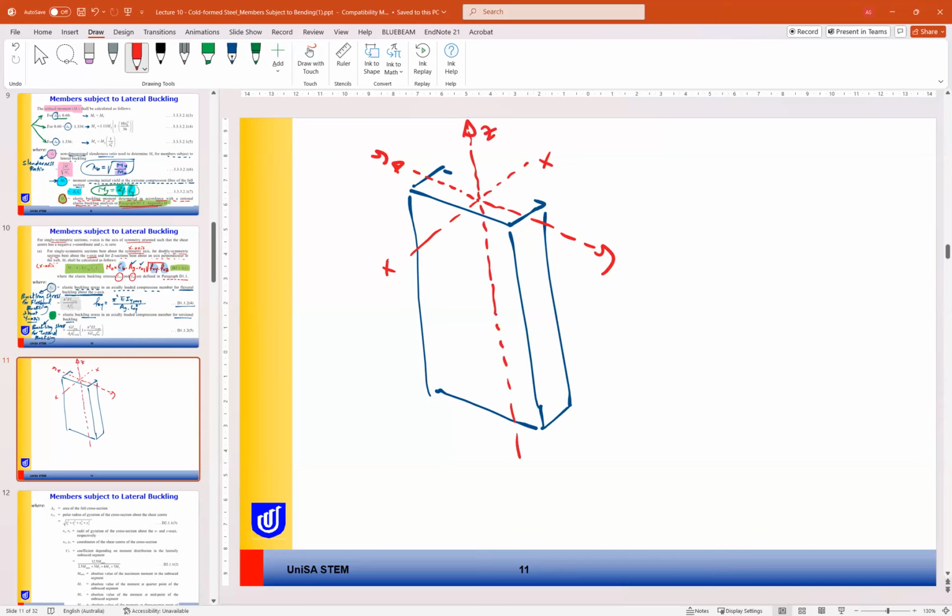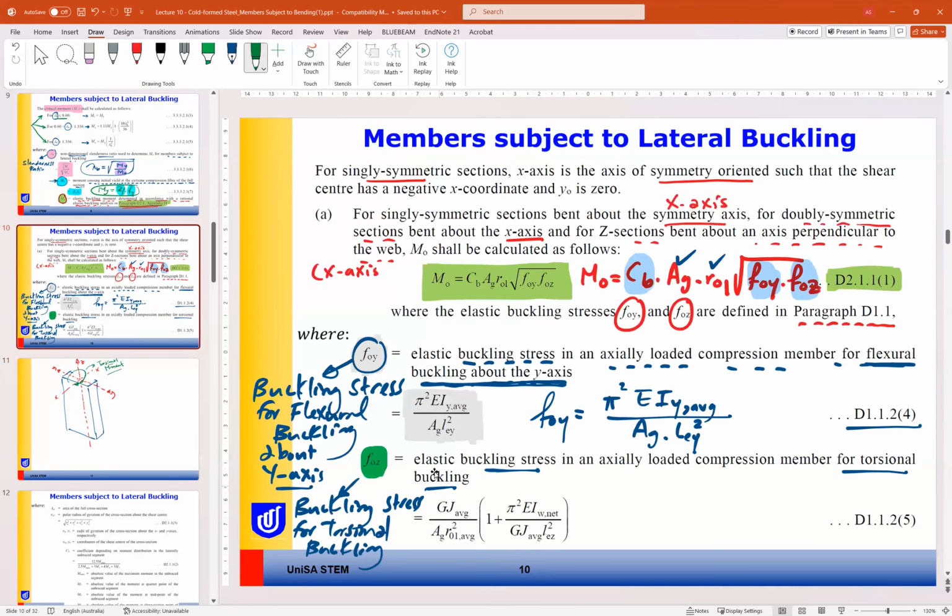Z-axis. So any buckling or any moment around Z is what? It is torsional moment. Okay, so that's why FOZ is the elastic buckling stress for torsional buckling.